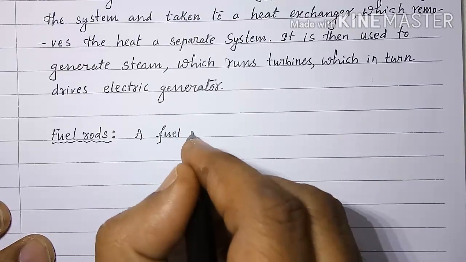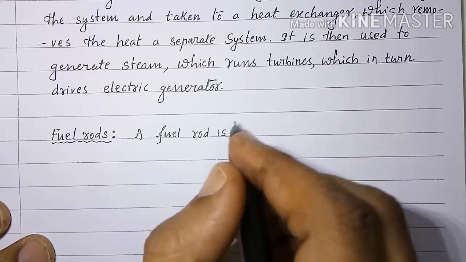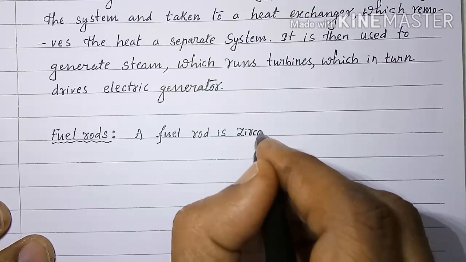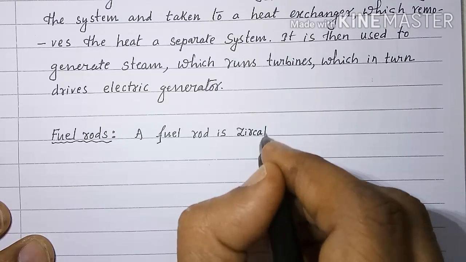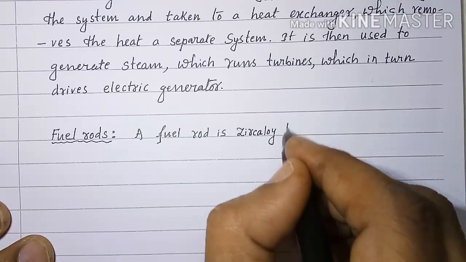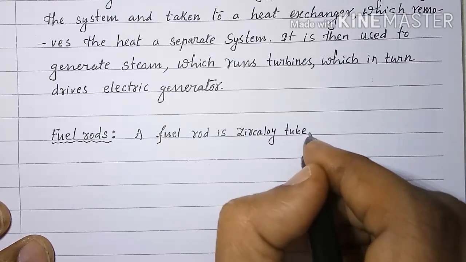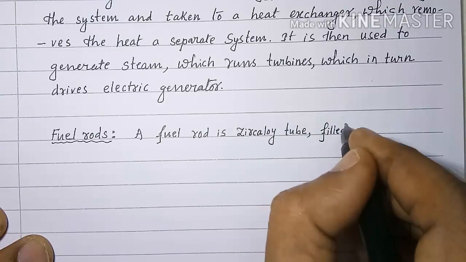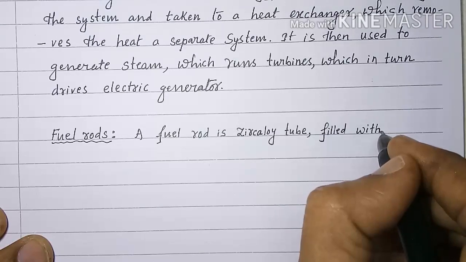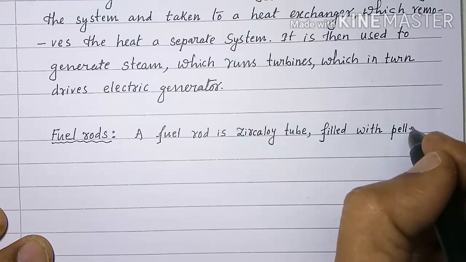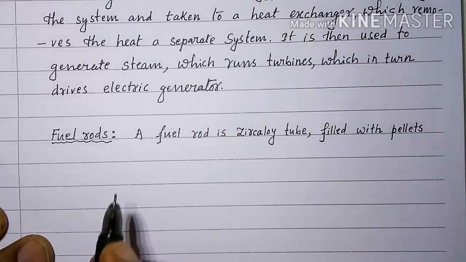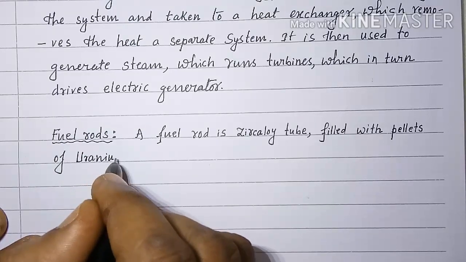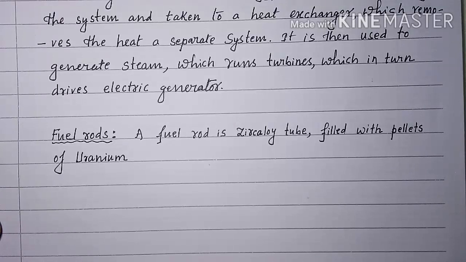A fuel rod is a zircaloy tube filled with pellets of uranium.